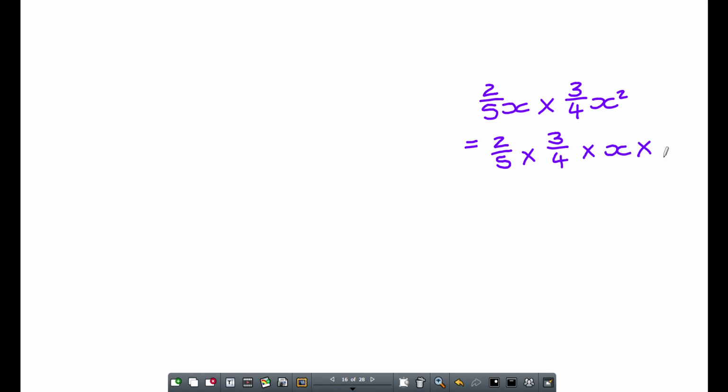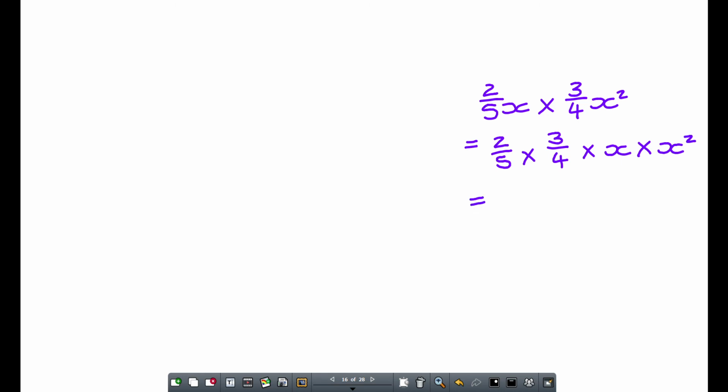Okay, so we had 2 over 5x times 3/4 x to the power of 2. What they do is they say that's the same as 2 over 5 times 3 over 4 times x times x squared.